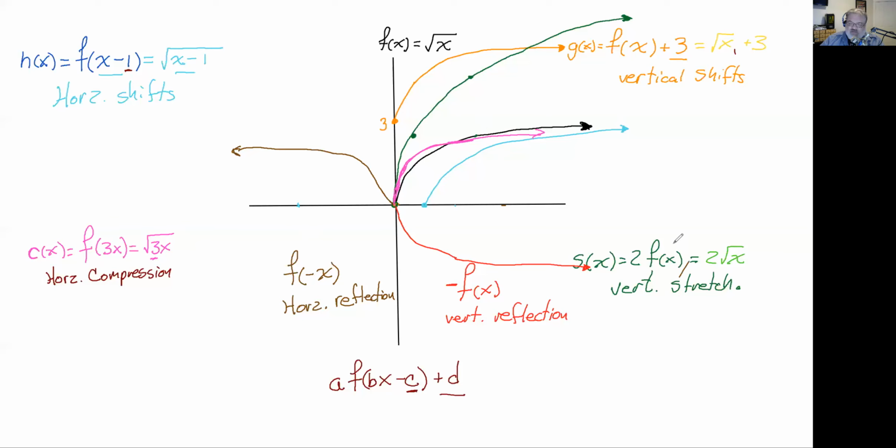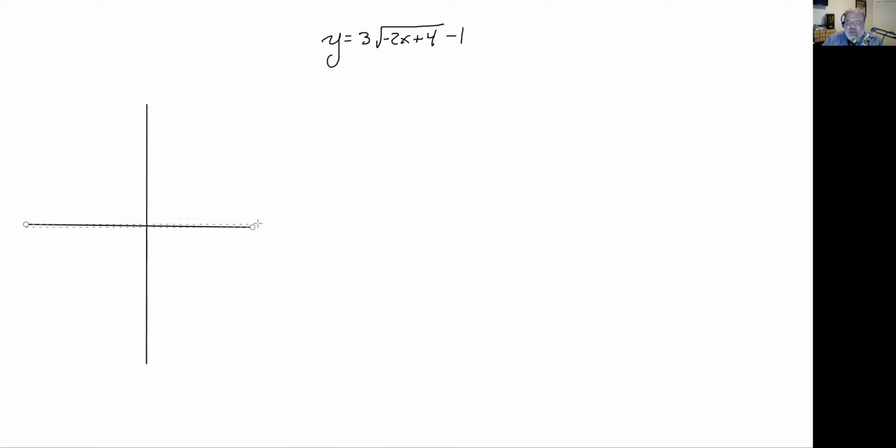So if any of this brings up any questions, let me know. But all of these separately is one thing; the end goal here is to be able to take a problem like, say, y equals 3 square root of -2x plus 4 minus 1, consider all of those changes and figure out what this graph looks like, just knowing what the square root of x looks like and knowing what those translations do, what their job is.